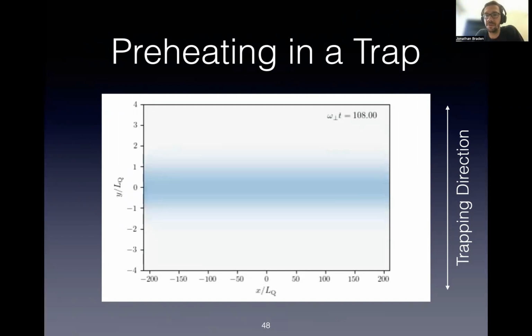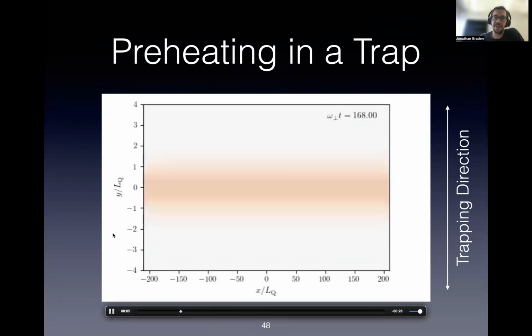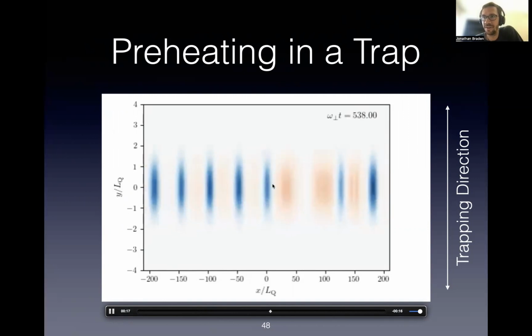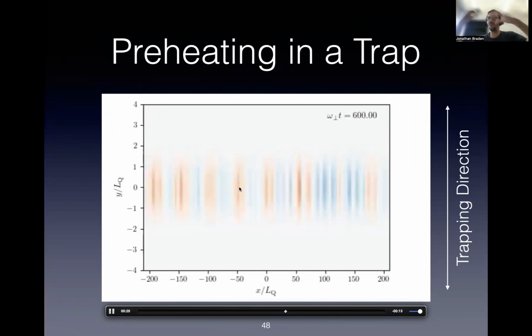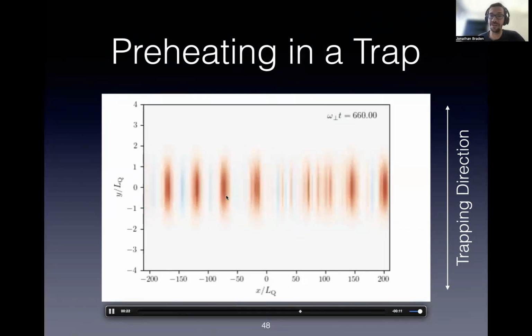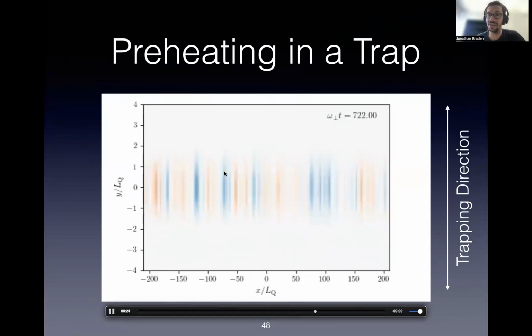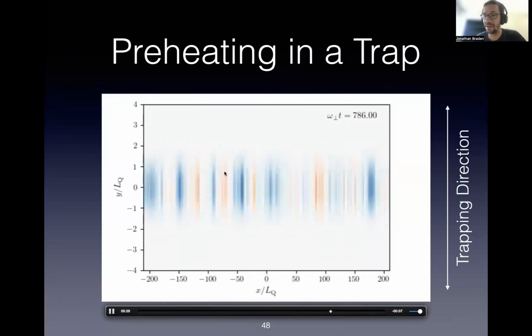Okay, and so this is an example of that. The trapping direction here is the vertical direction, and then the extended longitudinal direction is the x-axis. And once again, you can see the emergence here of standing waves along the longitudinal direction that eventually wave break and undergo very strong nonlinear interaction, but I continue to have these strong peaks that oscillate up and down in the field.